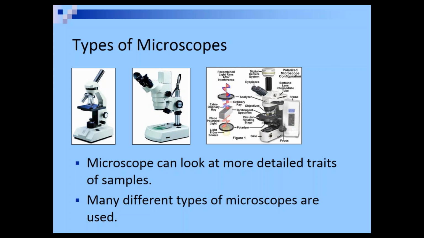All right, so let's look at some microscopes. Now, we're going to look at two categories of microscopes, compound and stereo binocular. And then we're going to look at some specialty microscopes that really fall under one of these two categories.